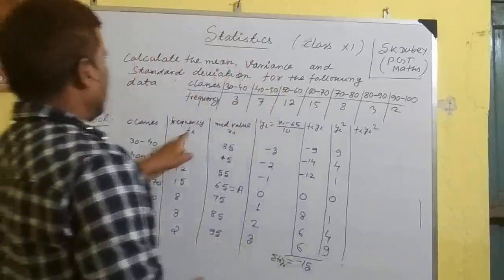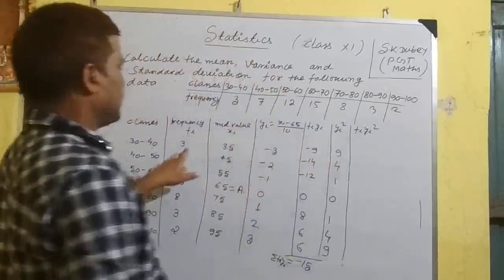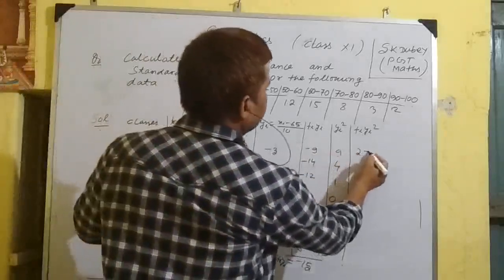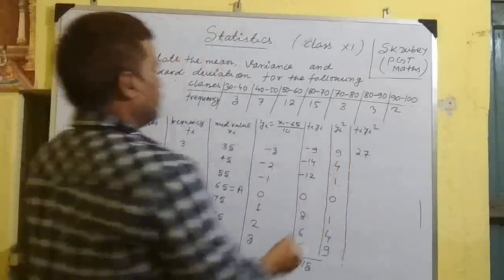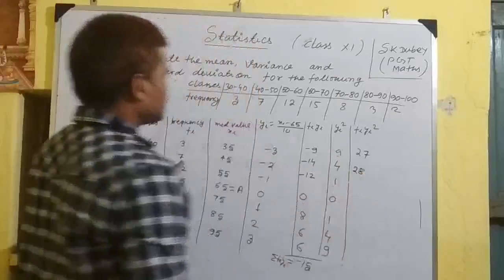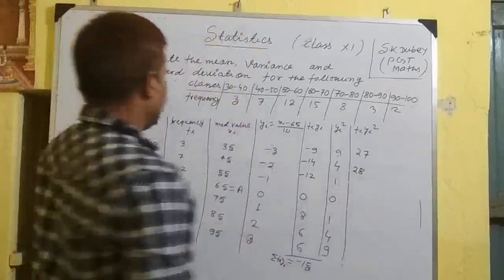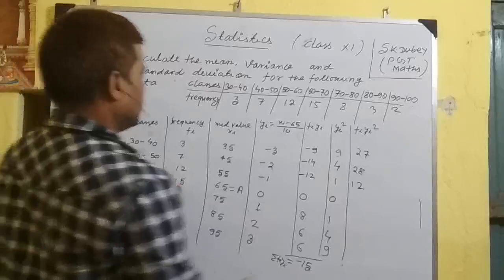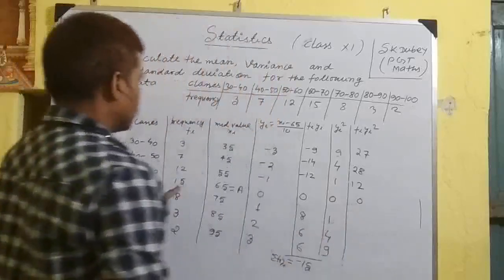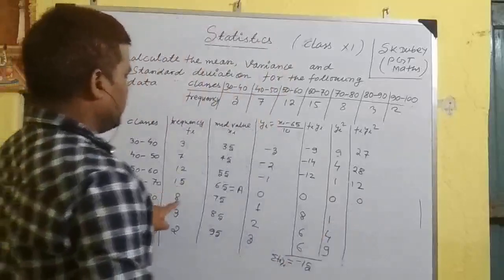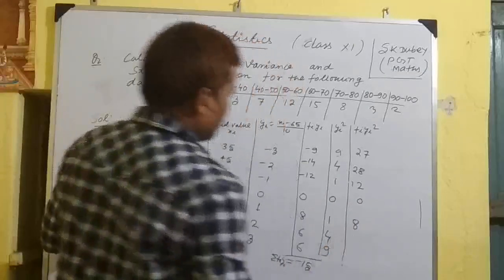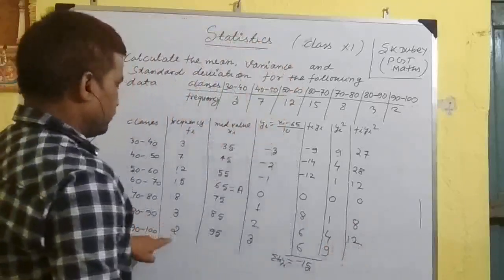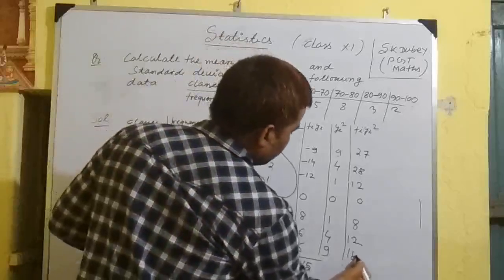Now we have to calculate fi yi square. 9 into 3 is 27. 7 into 4 is 28. 12 into 1 is 12. 15 into 0 is 0. 8 into 1 is 8. 3 into 4 is 12. And 2 into 9 is 18.